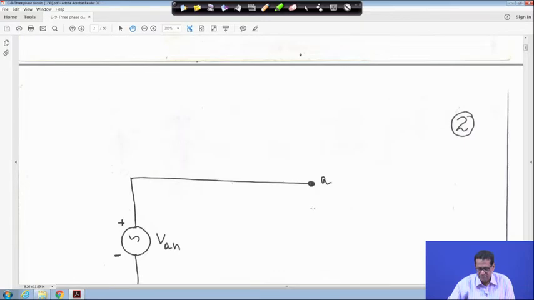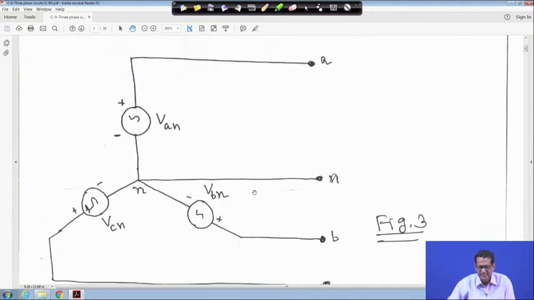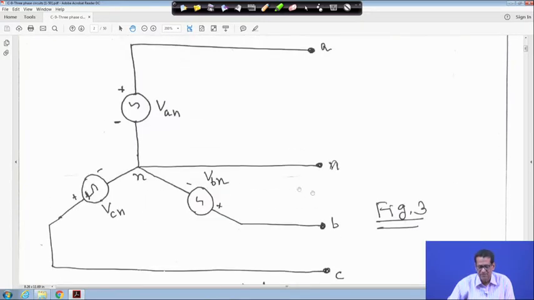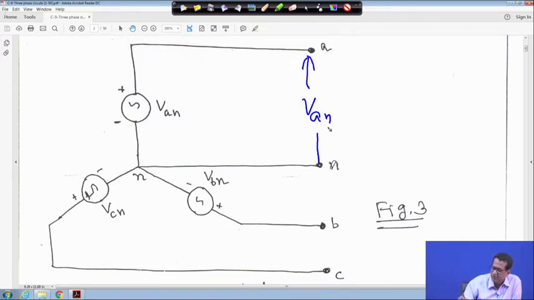As shown, a neutral is formed if it is star connected. Just as I told you, whenever you write VAN, this is the voltage VAN, right? When I make an arrow, it means plus, and instantaneously this is minus. So this is plus, this is minus.